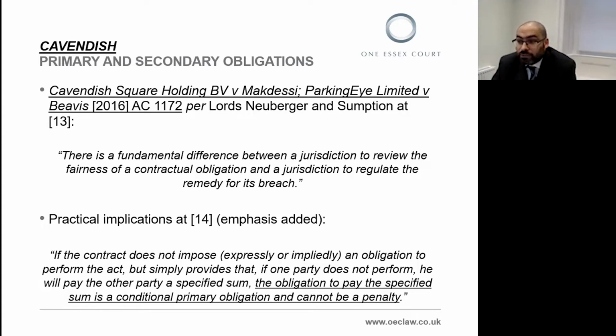But," and this is the passage you can see on the slide, "if the contract does not impose, expressly or impliedly, an obligation to perform the act, but simply provides that if one party does not perform, he will pay the other party a specified sum, the obligation to pay that sum is a conditional primary obligation and cannot be a penalty." In my view, this is really quite a fine distinction.